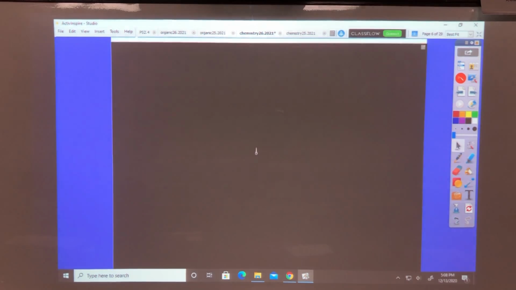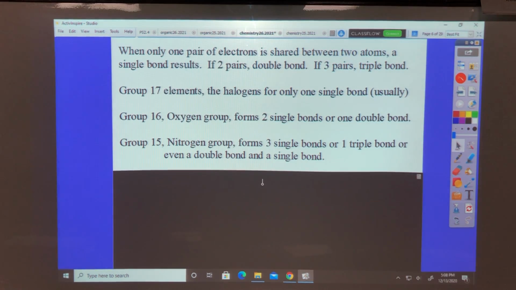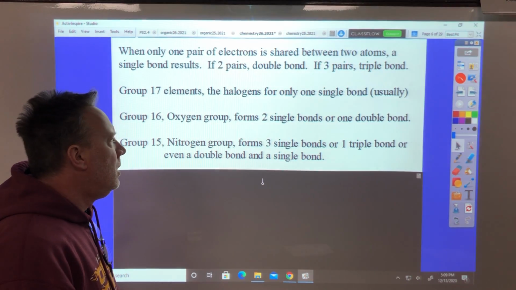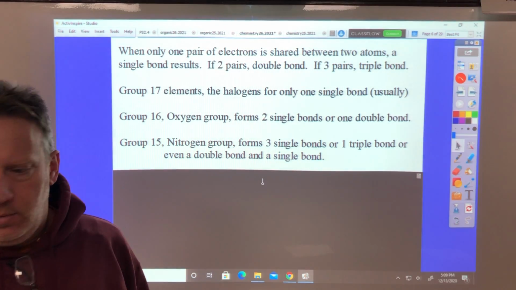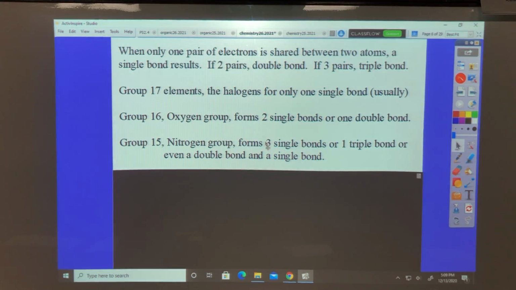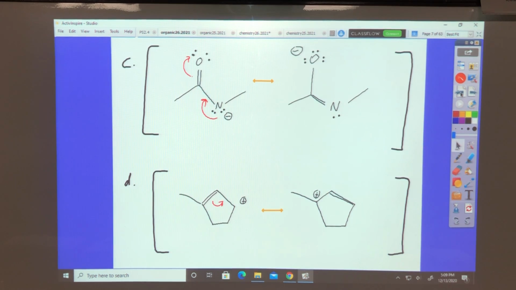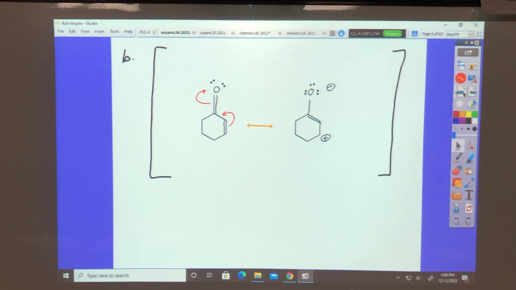If you're in group 15, like nitrogen, you're going to form 3 bonds. It could be 3 singles, it could be a triple, it could be a double and a single. I've got a whole bunch of examples of that in here. There's oxygen with a double bond.